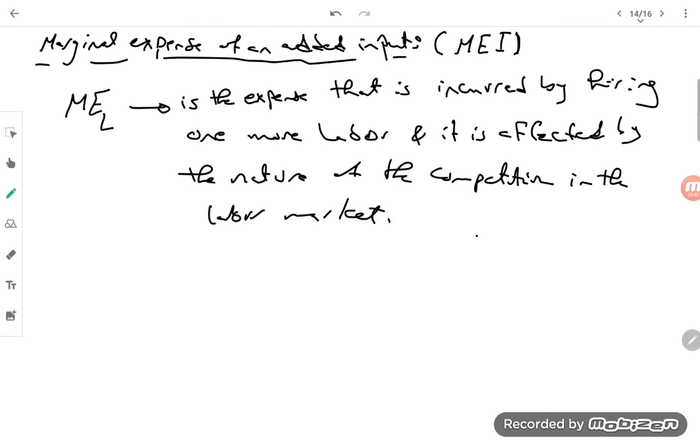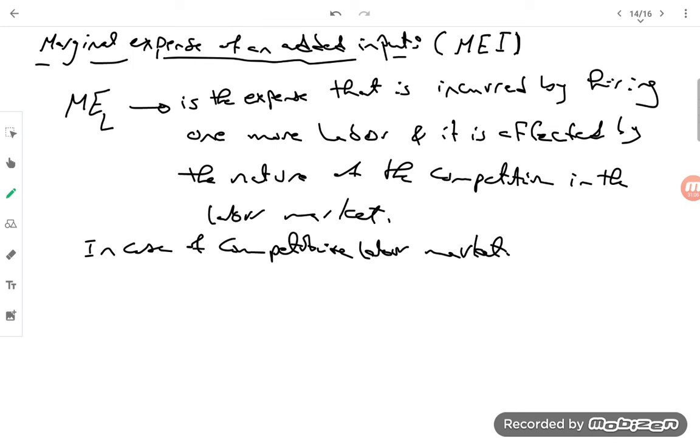Just for now, we are going to focus on a competitive labor market. In this case, each firm is a wage taker.